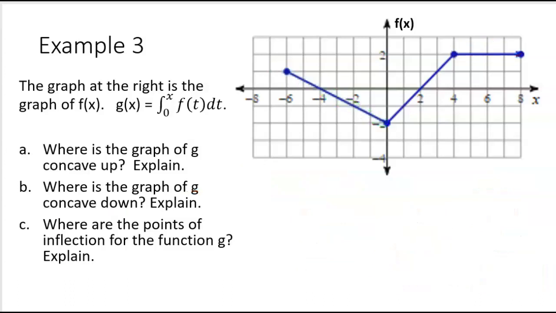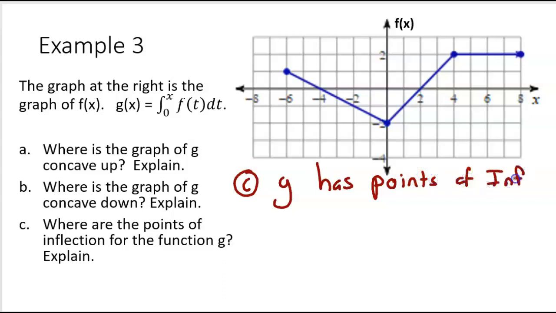All right, let's go ahead and take a look at the last one, part C. Where are the points of inflection? G has points of inflection when g double prime changes signs.